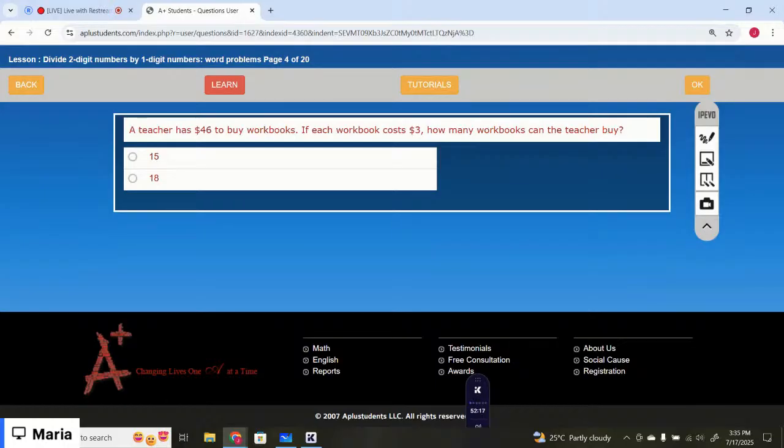So which is the correct option? Forty-six divided by 3 is 15.